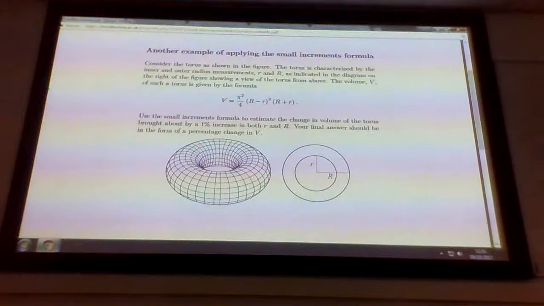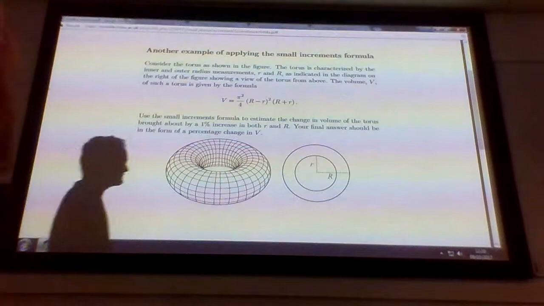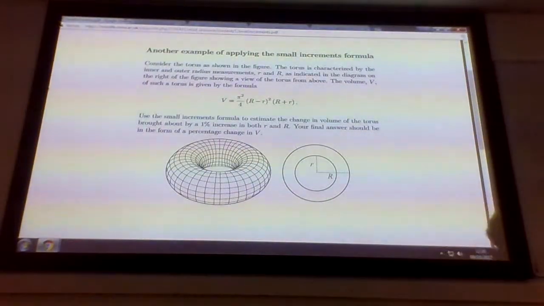Oh yeah, very traditional. How much is here? 1%. 1% multiplied.